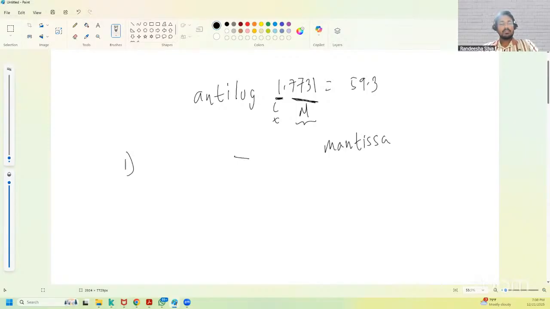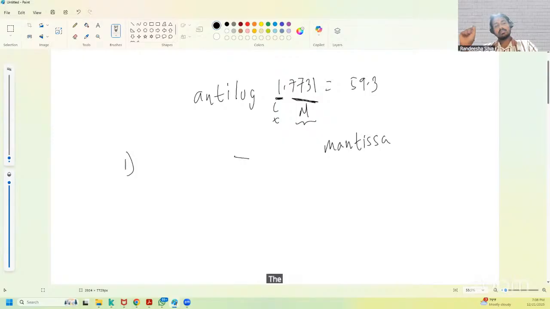Then the fourth one, you have to go for the mean difference. Think about you didn't get the exact mantissa inside the log table, so you got the closest one. Think about 7735 is what you are finding, but you got the closest one as 7731. Then how many are the remaining?